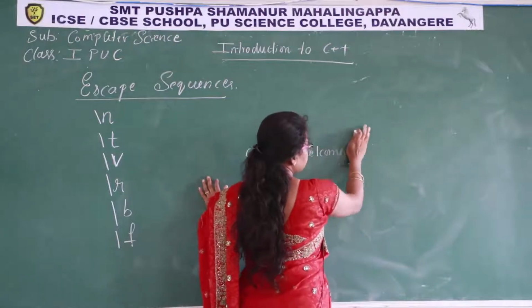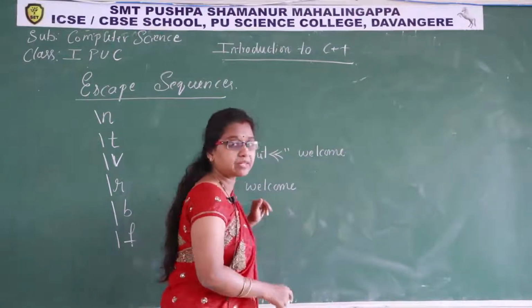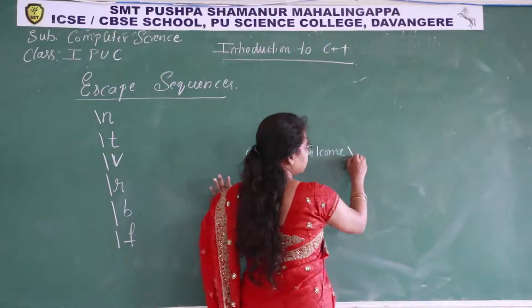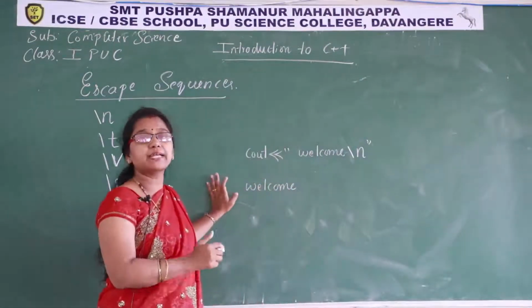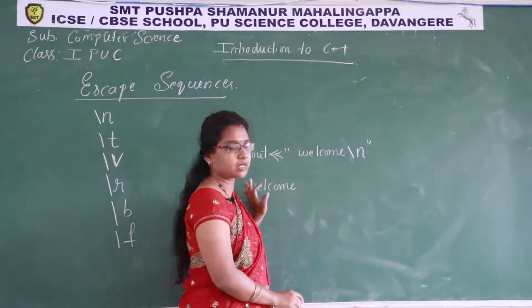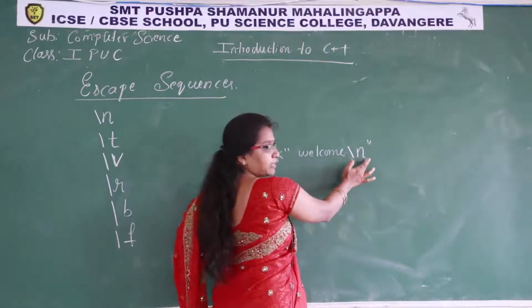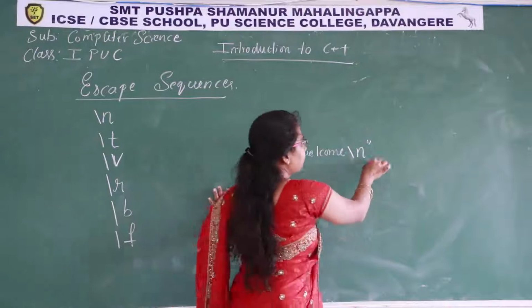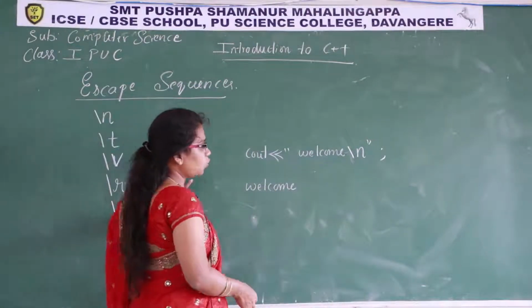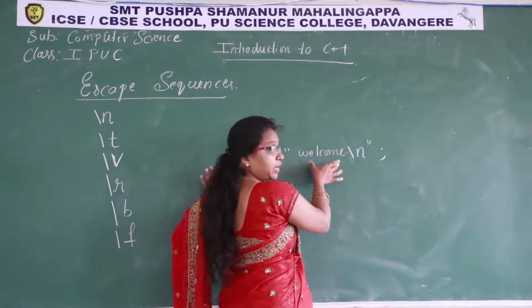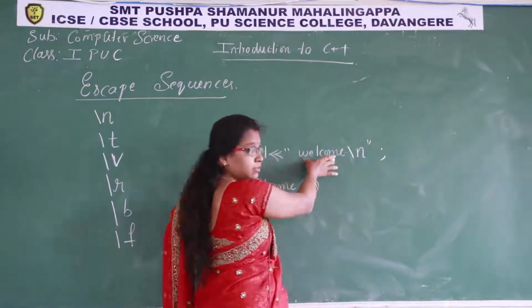Usually how do we insert backslash n here? Backslash n, double quotes close. If you want to move the cursor to the next line, how do we write the escape sequence? Welcome backslash n double quotes close semicolon. Isn't it? This is the way. But I want to display double quotes, I want to write this message within double quotes.